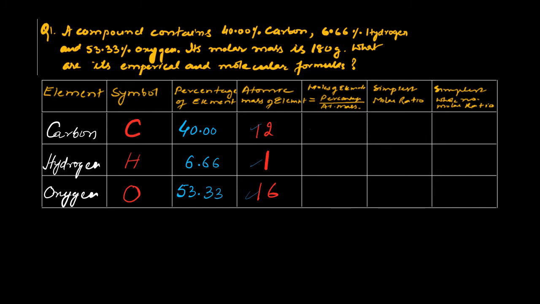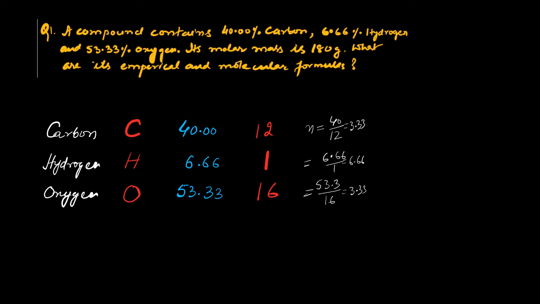that we calculate by dividing percentage by atomic mass. And 53 upon 16, and we'll get the number of moles. But these figures are fractions, so in order to remove these fractions, we will divide each one with the smallest one.